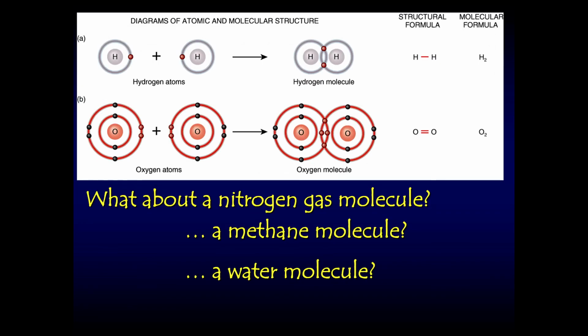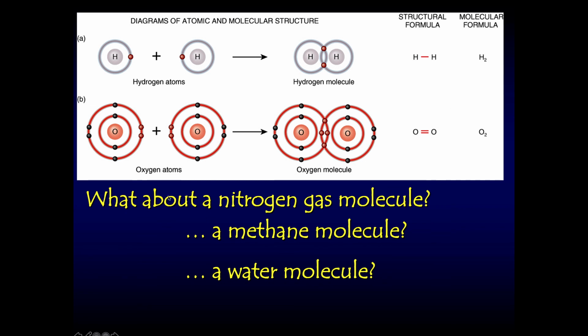This video is going to end, and the next assignment is asking you to do a nitrogen gas molecule, a methane molecule, and a water molecule. You're going to want to use exactly the same format as you see up here. The first thing you're going to do for nitrogen gas is ask Siri, what is the molecular formula for nitrogen gas?